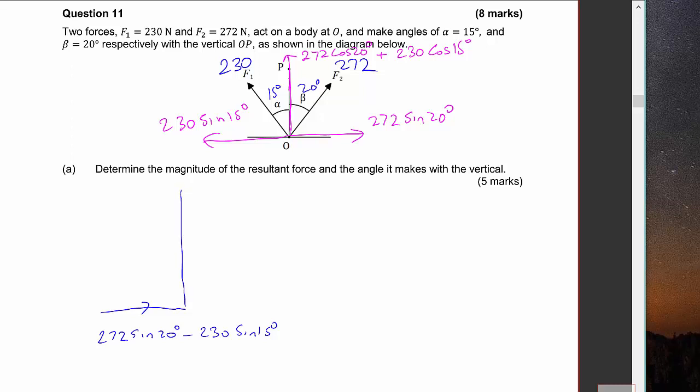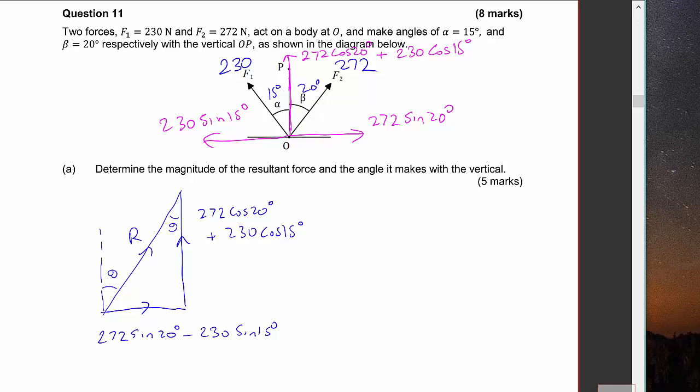And going upwards, we would have 272 cos 20 plus 230 cos 15, and then the resultant goes up that way. And so we want this angle and we want the actual resultant, and note that theta there is equal to this theta here.